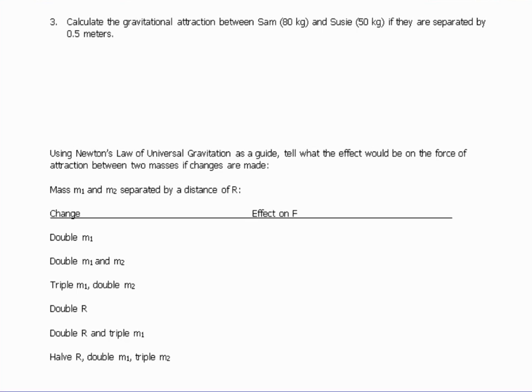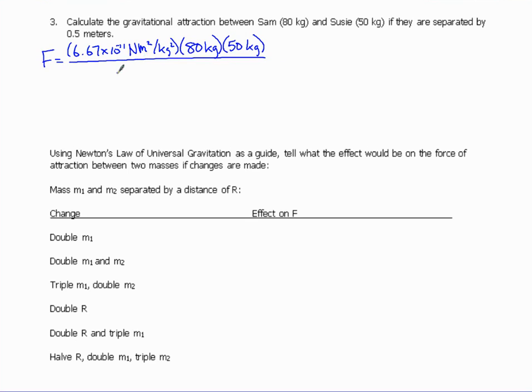Example 3, calculate the gravitational attraction between Sam, 80 kilograms, and Susie, 50 kilograms, if they are separated by a distance of 0.5 meters. So we'll start: F equals, here's the gravitational constant. Here is mass 1, which is Sam's mass, 80 kilograms. Here is Susie's mass, 50 kilograms.